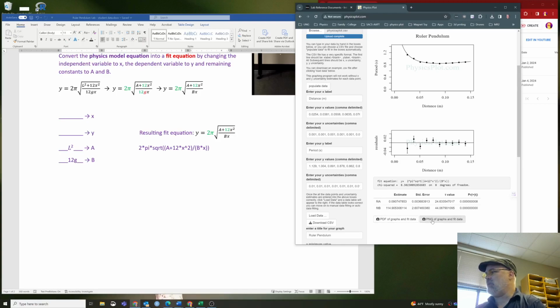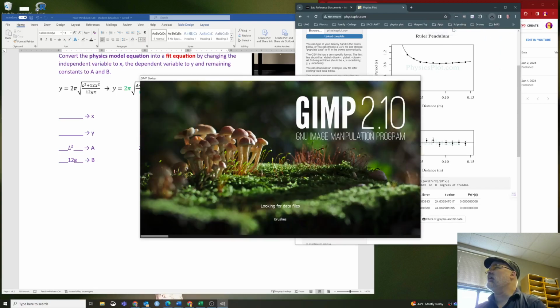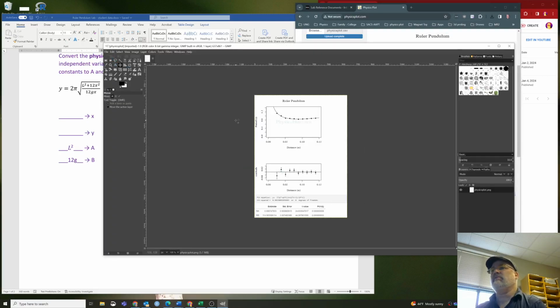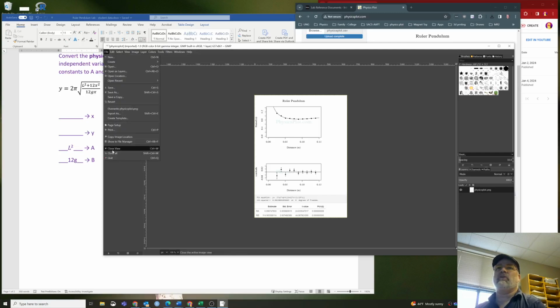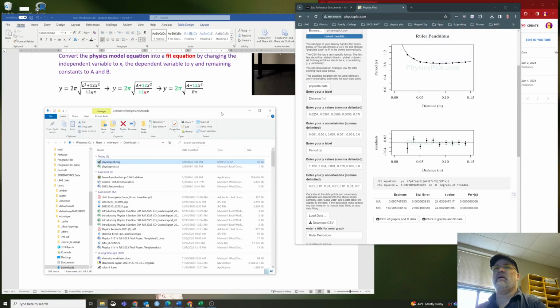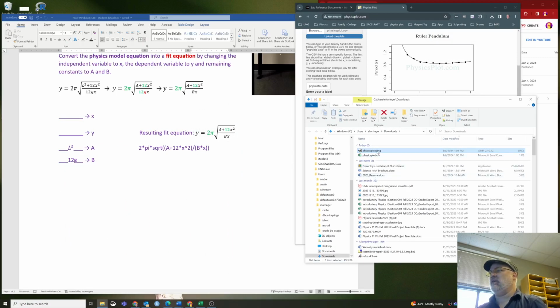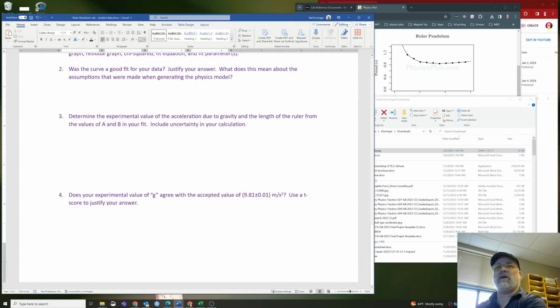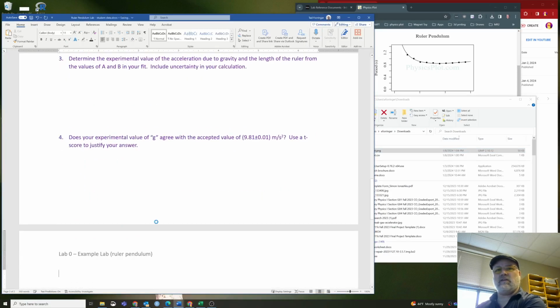So this is what we're going to want to put into our lab report. And I can do that by clicking this button. It creates a, whoops, I didn't want to do that. That's going to take forever to load. Oh, not that long. It creates an image that we can put into our Word document. So I can put that right into my Word document here at the end.